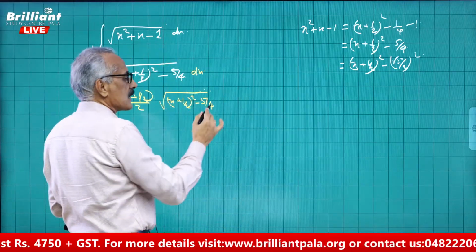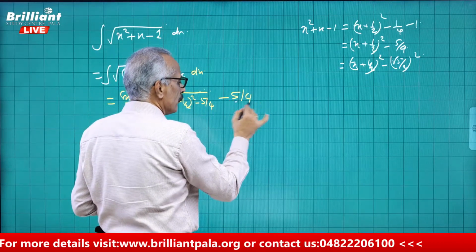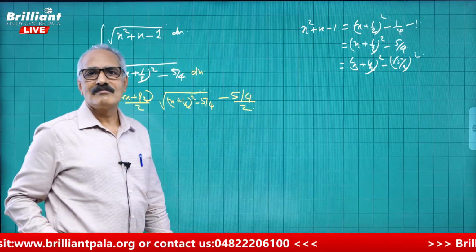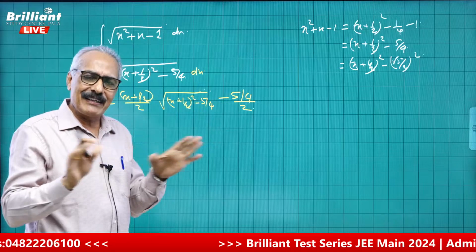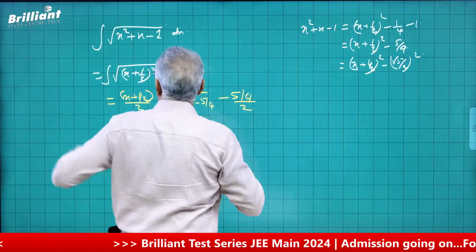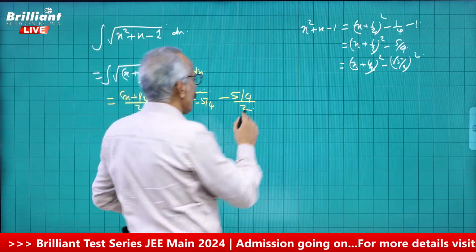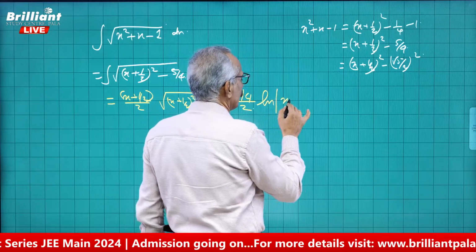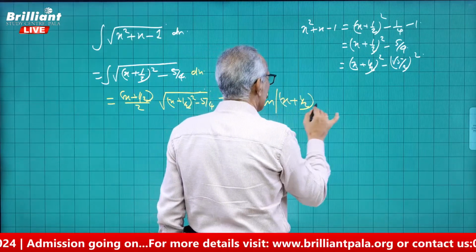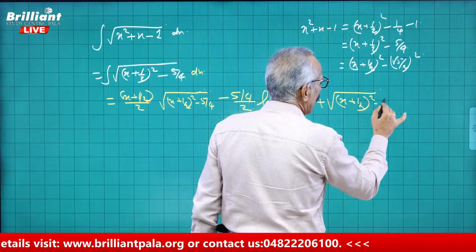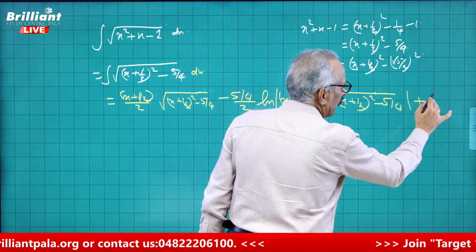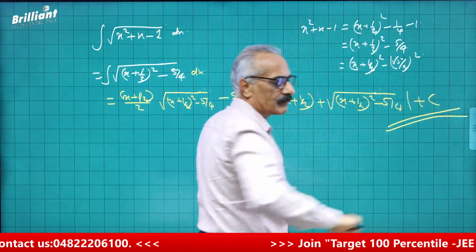Your constant is minus 5 by 4, minus 5 by 4 by 2, the constant by 2. Need not worry about a square, b square, nothing of that sort. Into logarithm of x plus 1 by 2 plus root over x plus half the whole square minus 5 by 4, plus c. You are through with your answer.